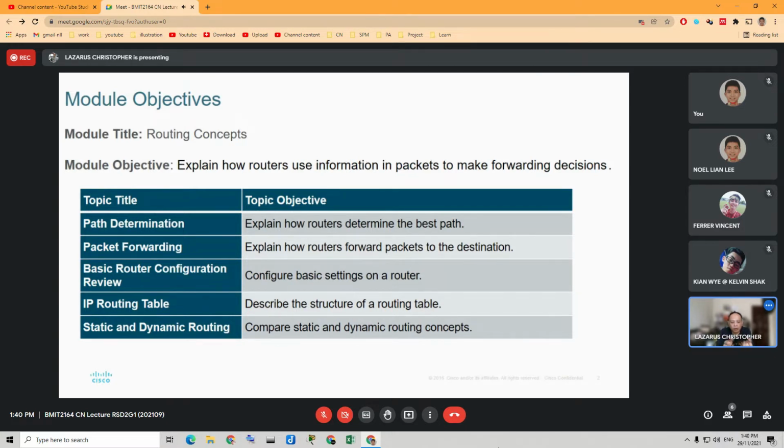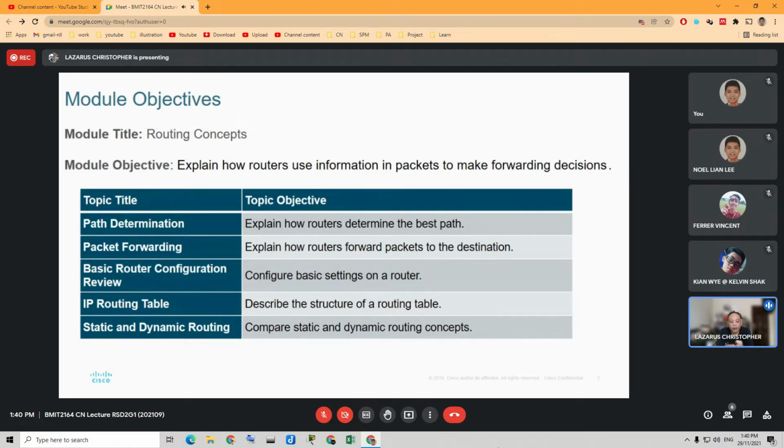Okay, so first topic, path determination, and then after that we're going to look at how the router forwards the packets themselves, right? How do they do that? And after that we'll look at configuring a basic router. Okay, we've done this before, so just a review, yeah. Reviewing what the basic router configuration is that you need to do.